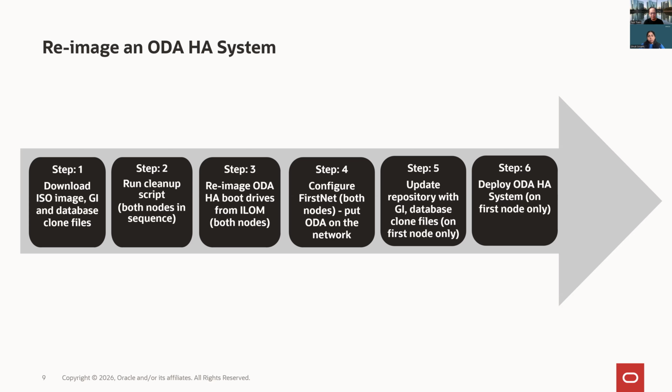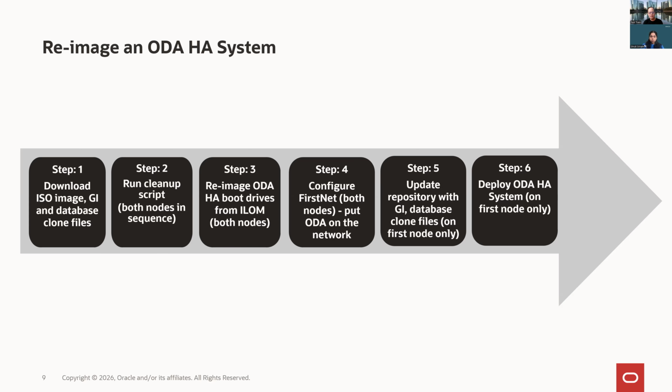After we've done that, of course, we have to reconfigure the network, and that's what we call configure-firstnet. Again, from the ILOM console, we do that and put the ODA back onto the network. Once the system is back on the network, we can stage all the files that you previously downloaded, whether it's clone files or the ISO image.